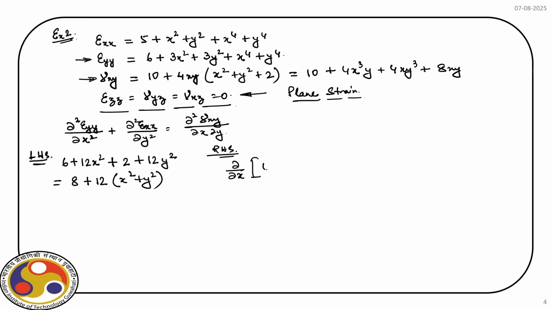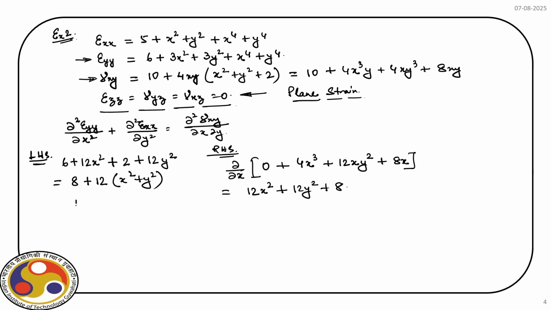So, if we differentiate with respect to x, then first term is 0, then we have 4 x cube, then plus 12 x y square plus we have 8 x. Then second time if we differentiate, what we have is 12 x square plus 12 y square plus 8.